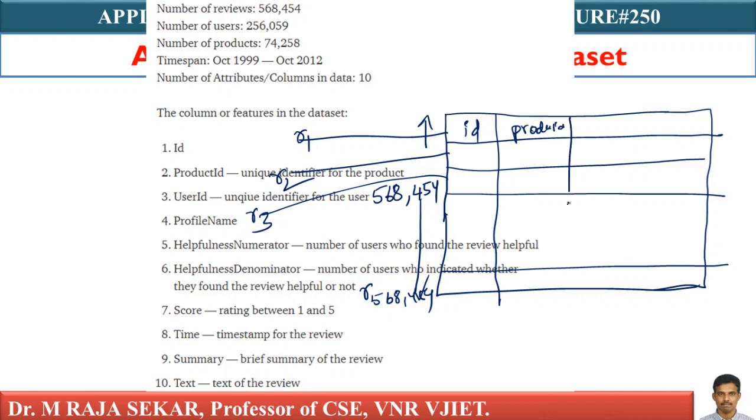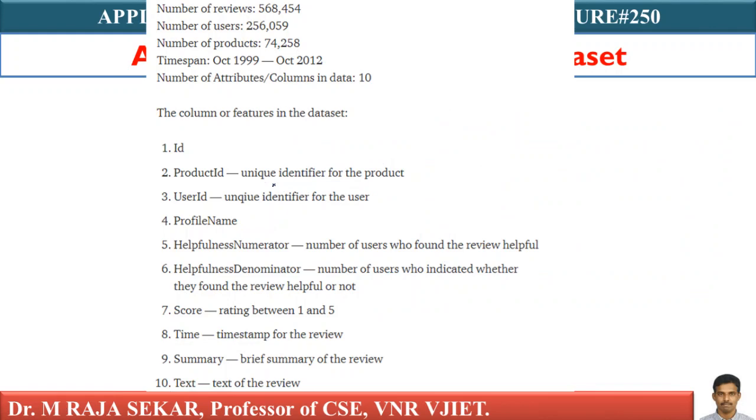My last column name is text. You can treat this data set as a table. ID and product ID, anybody can understand: a unique identifier for the product. User ID, we know what that is. Each user has some profile name.